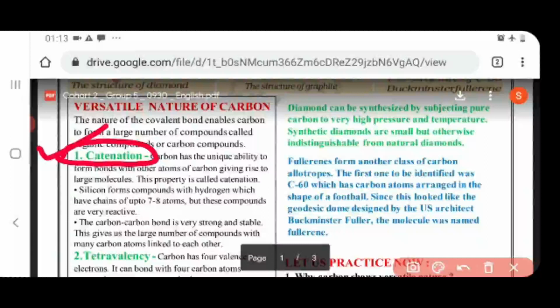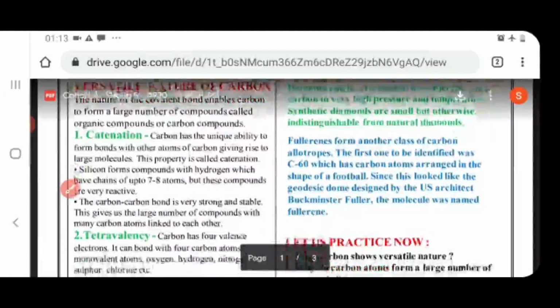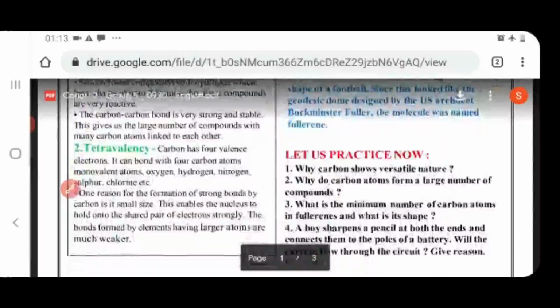Silicon forms compounds with hydrogen which have chains of up to 7 to 8 atoms, but these compounds are very reactive, and the carbon-carbon bond is very strong and stable. This gives us the large number of compounds with many carbon atoms linked to each other. Now come to the other property of carbon, which is tetravalency.